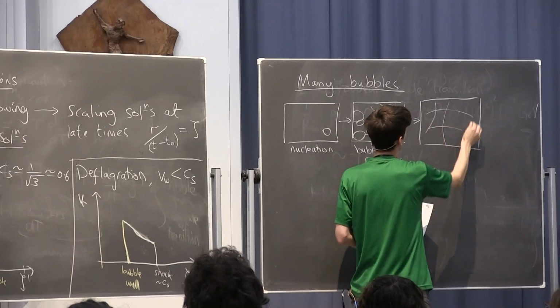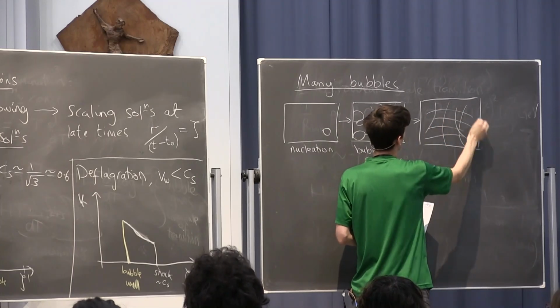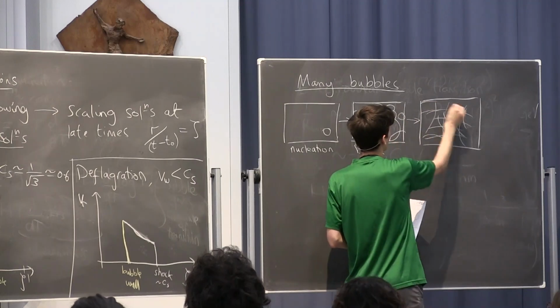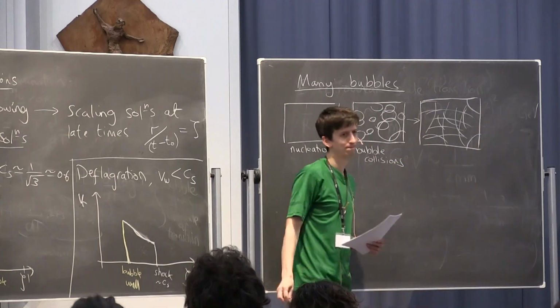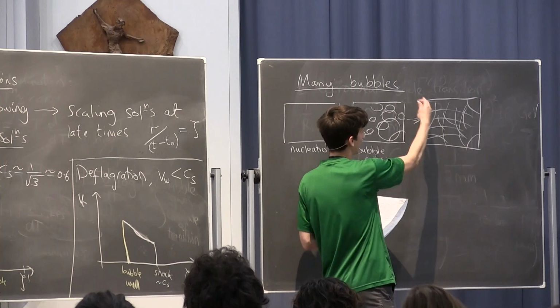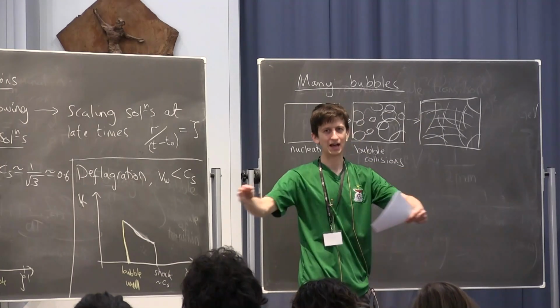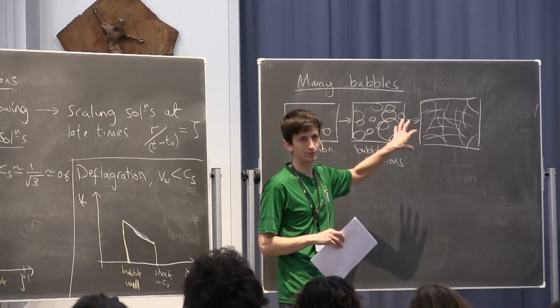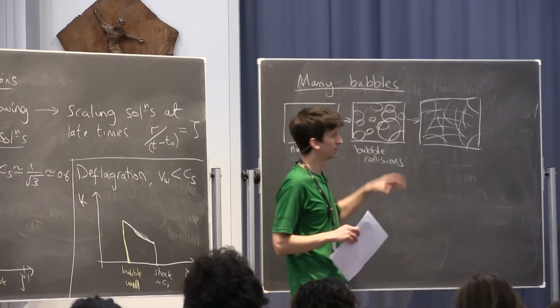So after a while, your bubble collisions kind of calm down, and what you get is overlapping sound waves. I've tried to draw them: the sound waves propagate out, they're produced when the bubbles collide with each other. It's extremely loud.